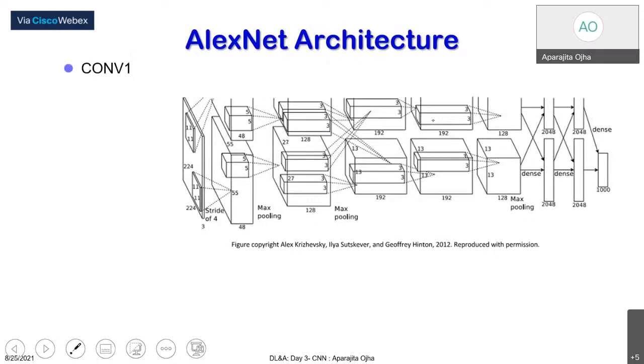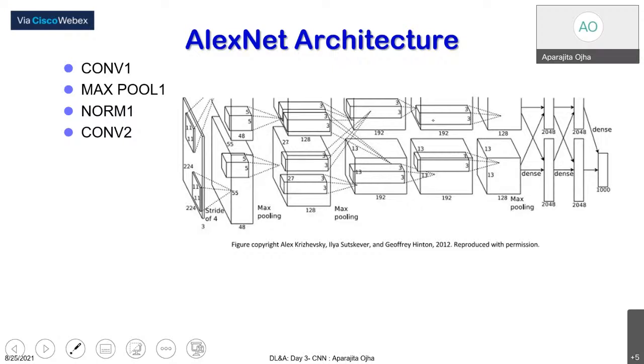So what is this AlexNet architecture? It has one convolutional layer and then a max pooling layer and a normalization layer. As I told you, normalization is done to control the drift of the output from the mean 0 and a specific standard deviation, say 1.